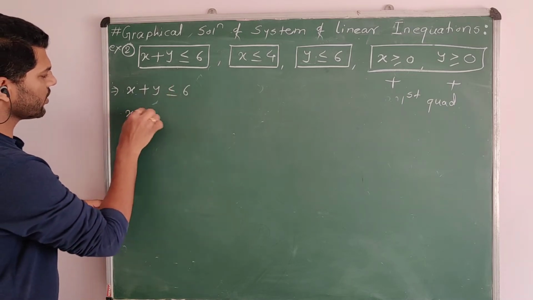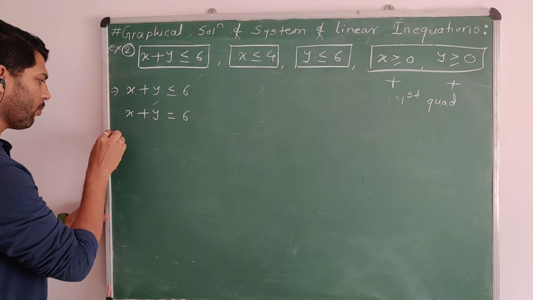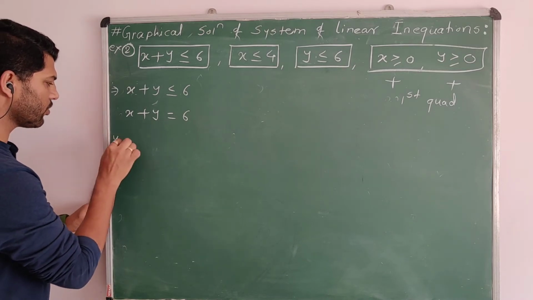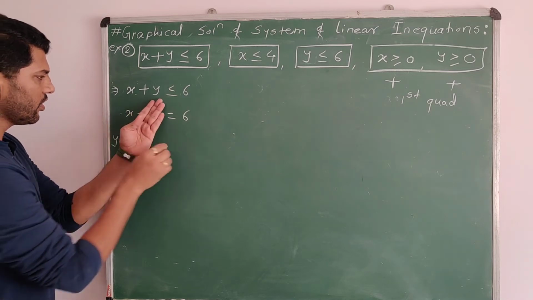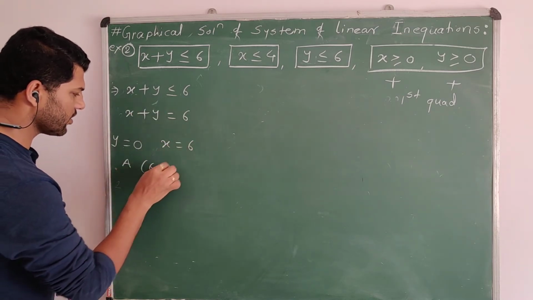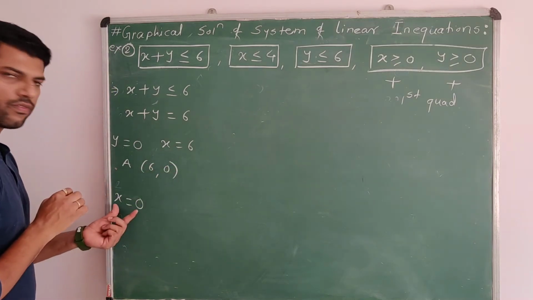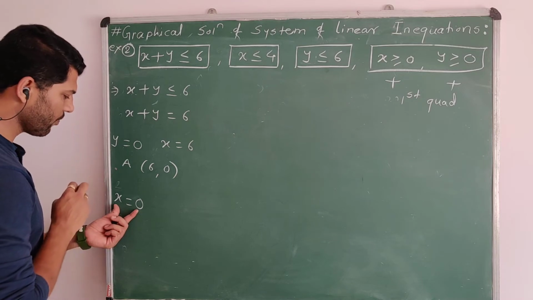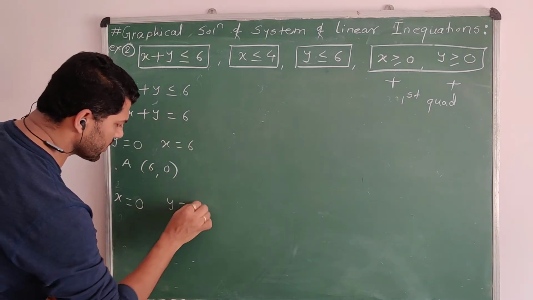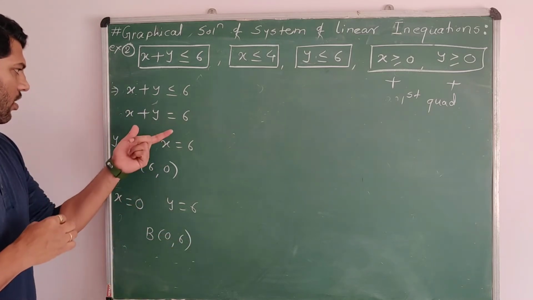I am converting this into the equality x plus y equal to 6. Let's find the point on the y axis and the point on the x axis. Substituting y equal to 0 gives x equal to 6, so the point on the x axis is (6, 0). Now substituting x equal to 0 gives y equal to 6, so the point on the y axis is (0, 6).